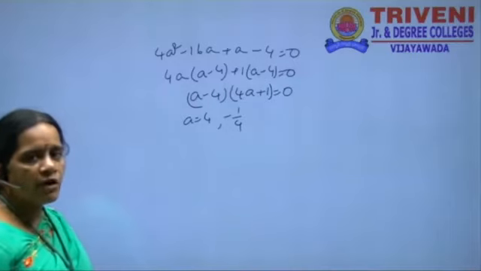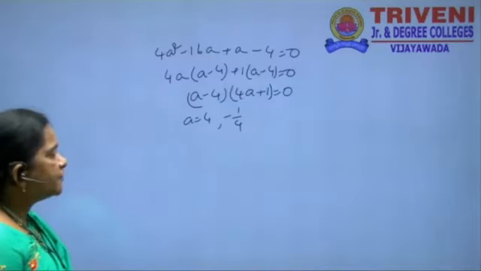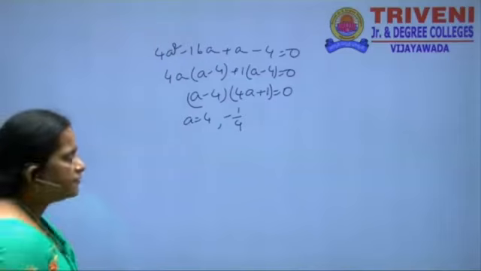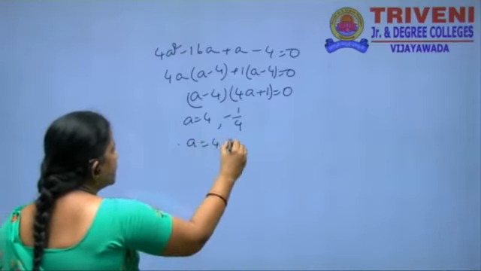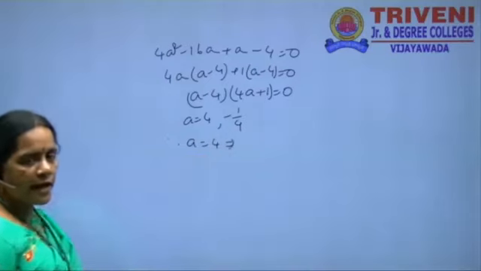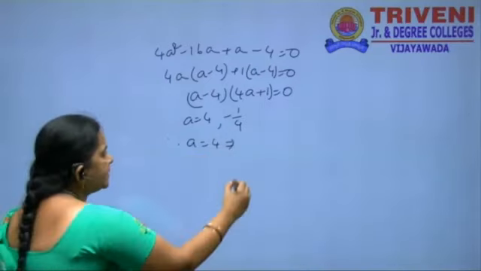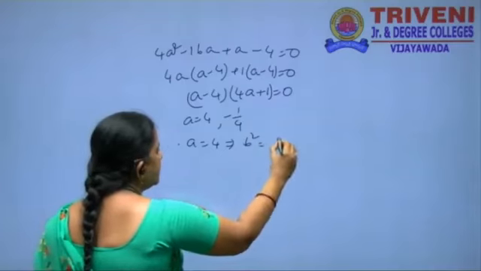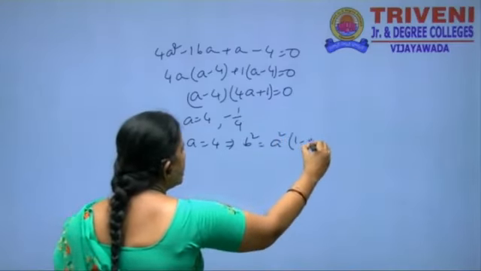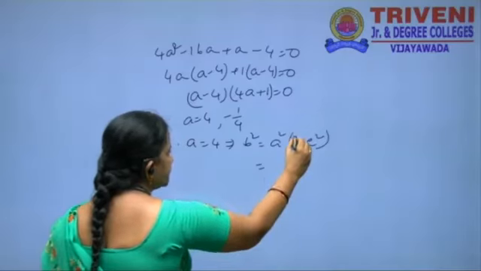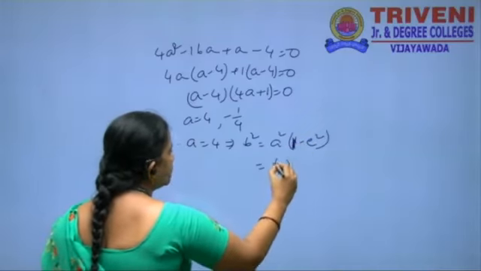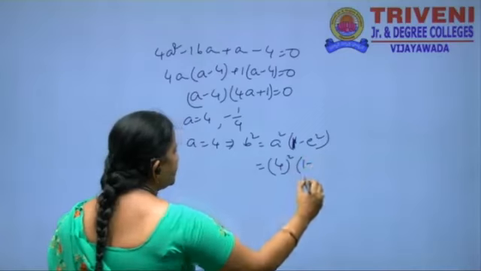But in the standard form a is greater than b, so we are not considering minus 1 by 4. Therefore a is equal to 4. We know the value of a and e. Then you have to find the value of b square, which is a square into 1 minus e square.